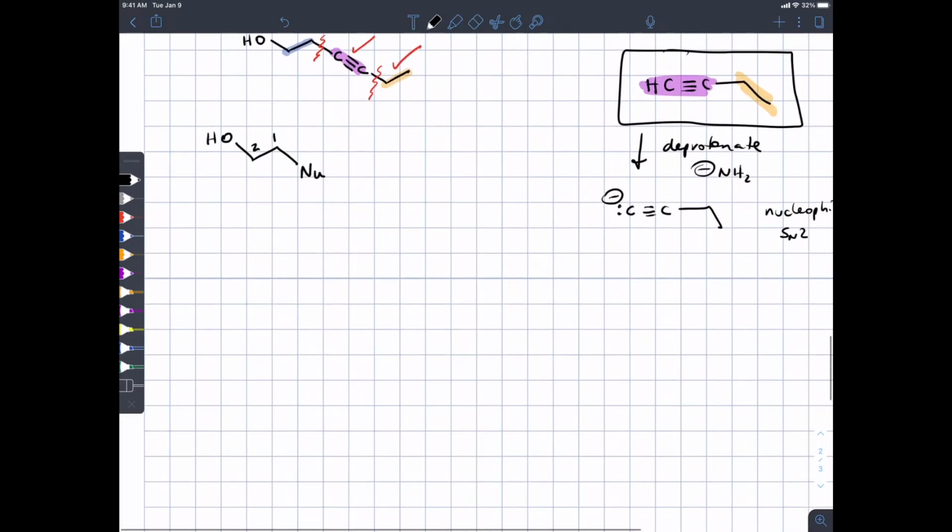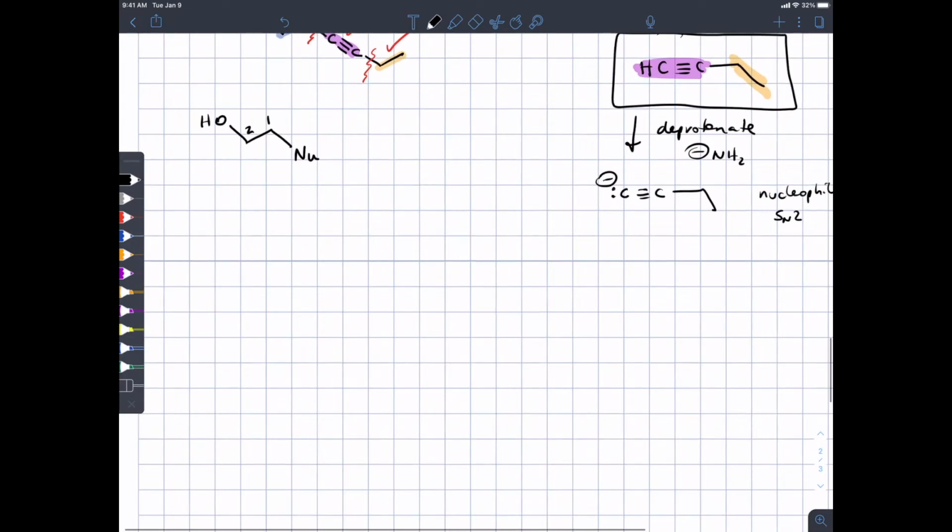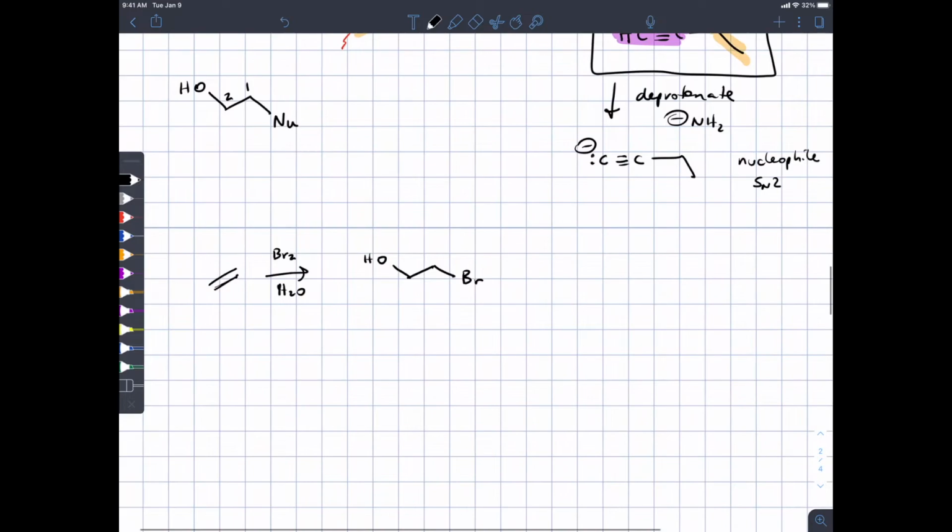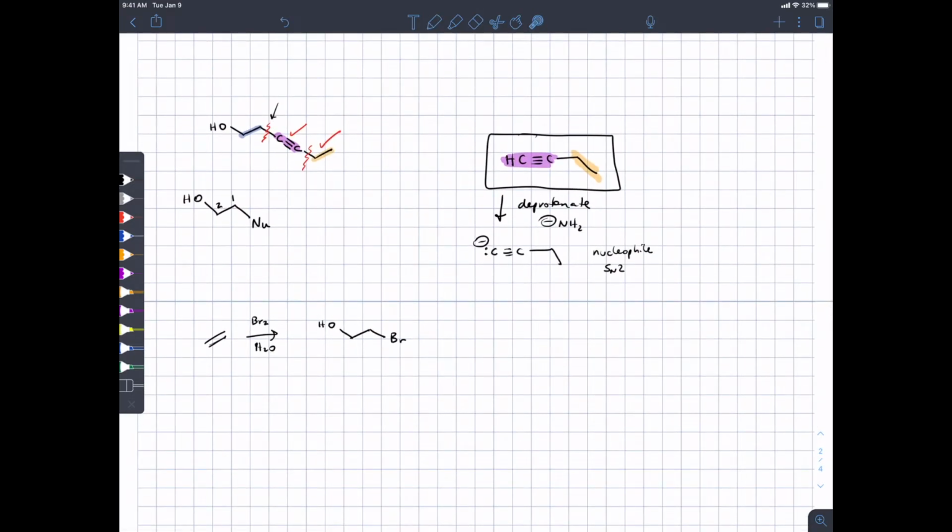So you're thinking Br2 and H2O from an alkene? Yeah. So let's just try that out, because that would generate this kind of thing. Okay. And so let's ask, is there any way to take this and combine it with this to get this product?